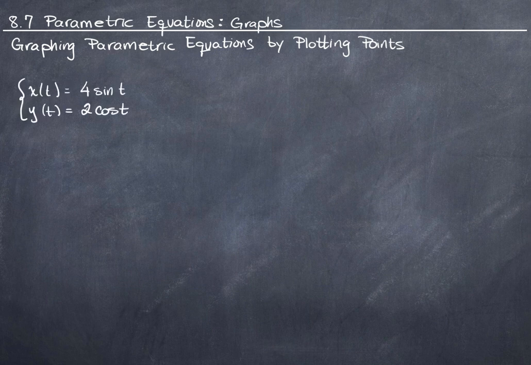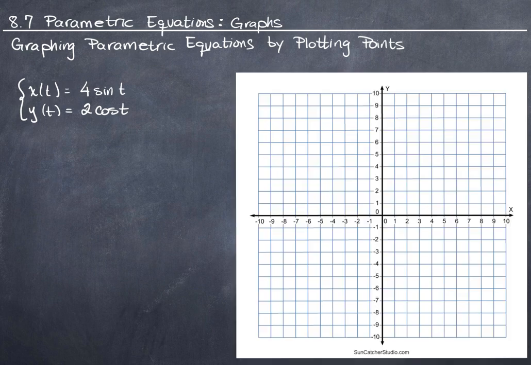This looks like a pretty big leap, but remember we've already learned how to graph things like r equals 4 sine theta and r equals 2 cosine theta. So we're familiar with what it feels like to plug in values and get an output value, and that's exactly what we're going to be doing here. One of the big differences is that we're going back to a Cartesian plane.